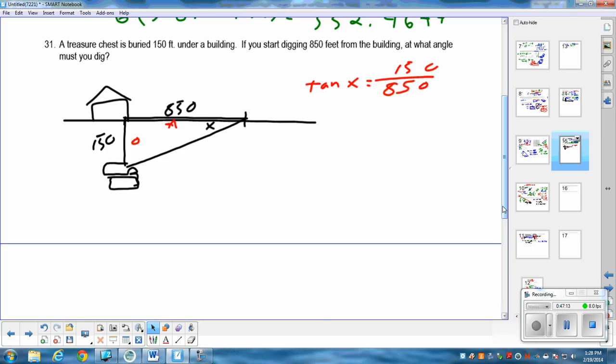To get rid of the tangent, we're going to inverse tangent both sides of this equation, which gets rid of the tangent on this side and lets us know that we have a 10.0 degree angle to dig down to get to the treasure. And who says math isn't useful?